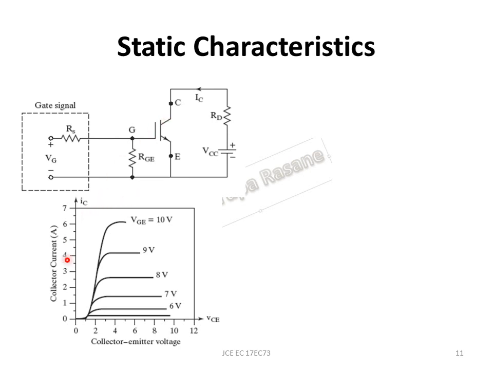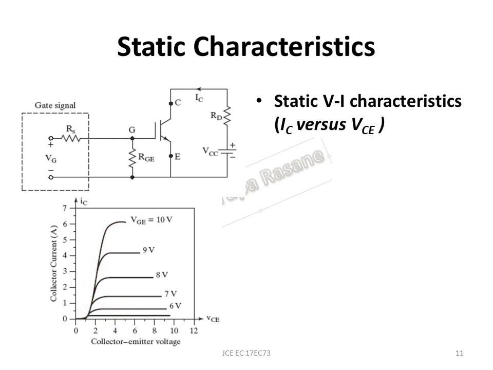So we are going to draw collector current versus VCE, and these are the different values of VGE that I am going to apply. So you will see that as VG is applied, the collector current goes on increasing. Okay.